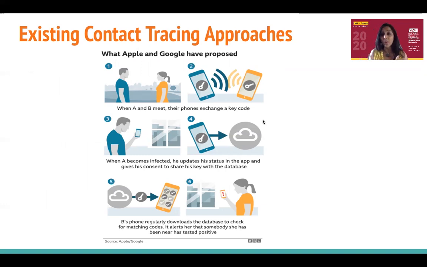When they are in close proximity to each other, their phones share a key code, a token, based on their Bluetooth codes with one another. And this is then recorded by the app. If one of them, say A, gets infected, then A or a trusted healthcare provider updates their status on the app and then gives the app permission to share their Bluetooth key with the central server or the central database.